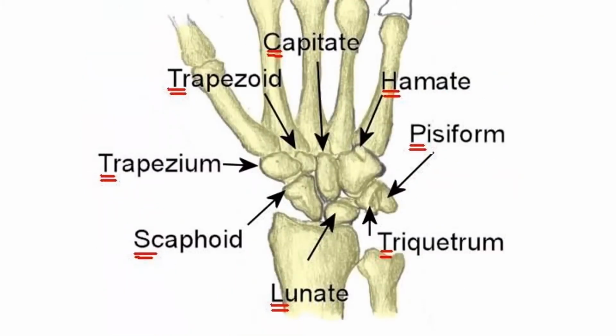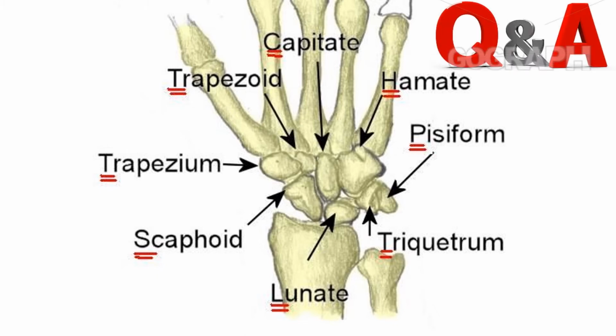What is this image? This image is showing the lower end of radius and ulna, the carpal bones and the metacarpal bones. Now, we were talking about the brachioradialis, and the question to be asked here, where does it insert in this area?